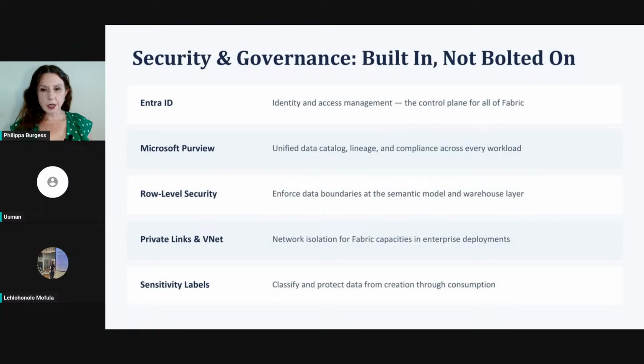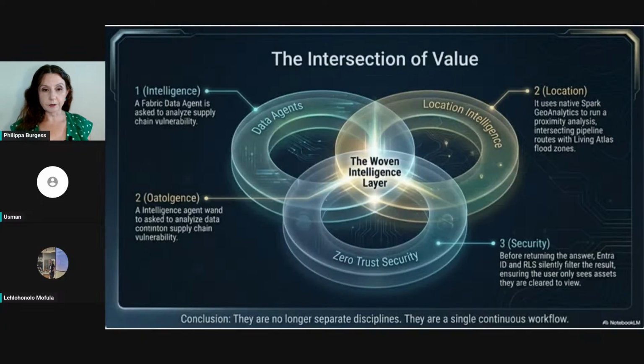So we just want to make sure that our thinking is that security and governance are built in, not bolted on, and to think about how you're using Entra IDs, Microsoft Purview, row-level security, private links in VNet, and sensitivity labels. They're all in Microsoft Fabric for you.